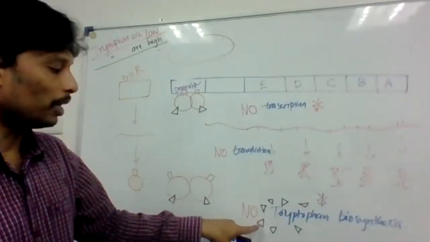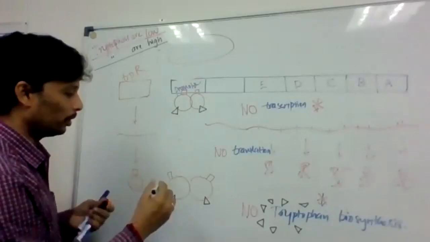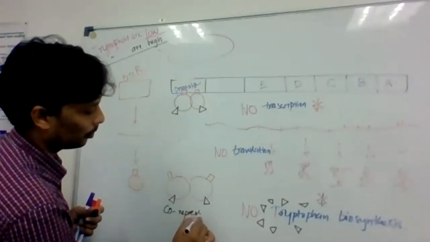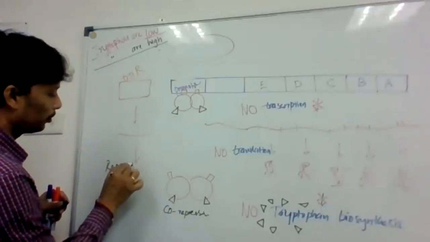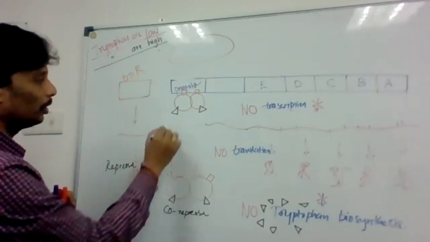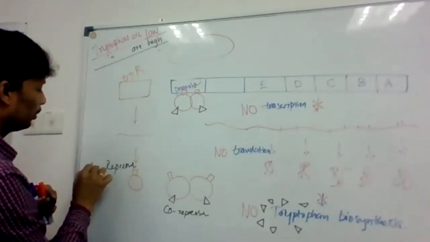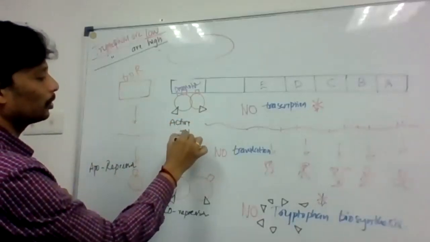How? The tryptophan molecule itself acts as a co-repressor. This one is a repressor, and this is a co-repressor. This one is the apo-repressor when it is not active, and this is the active repressor molecule.